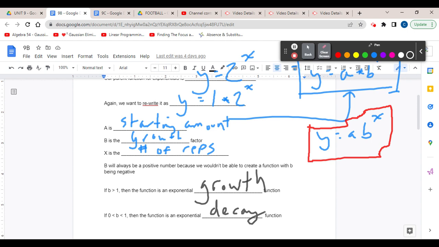Okay, so an exponential growth function will look something like that. An exponential decay function probably looks something like that.